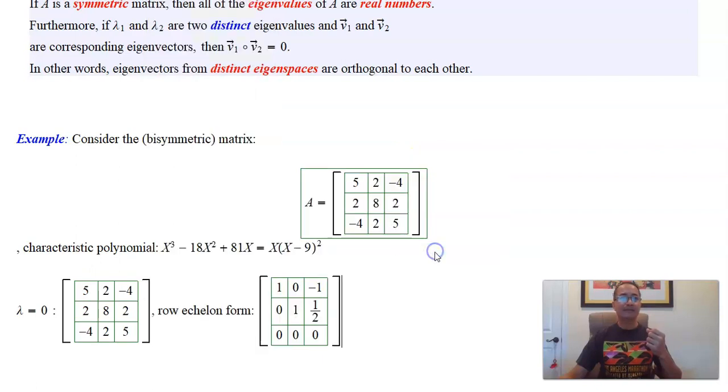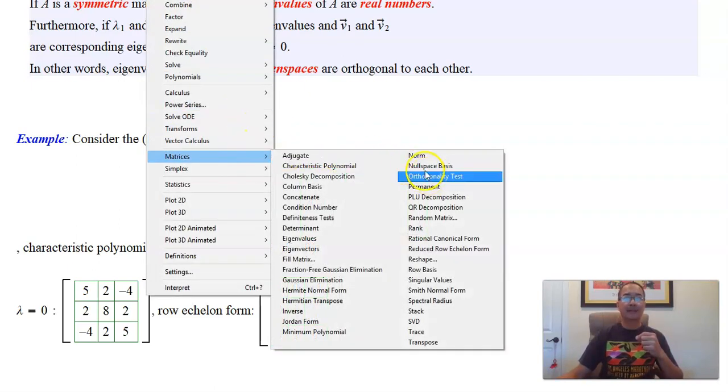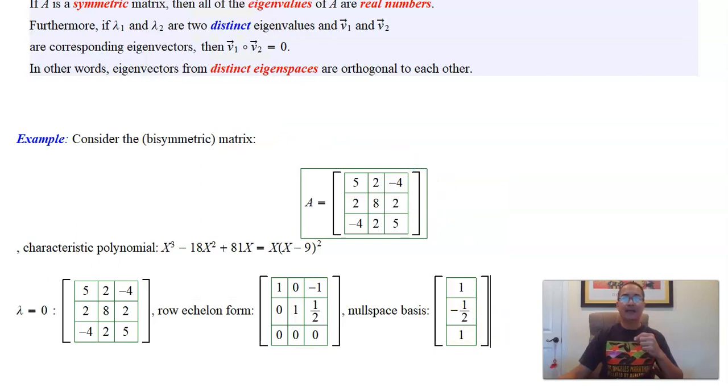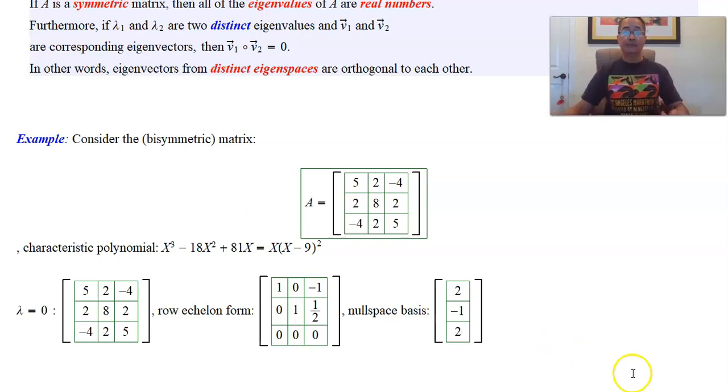You know what? REF. Okay, there you go. There's our null space. Since you saw it, might as well use it. Null space basis. Yeah, okay. So it is a one-dimensional space. All right, we have one free variable. So yeah, if you want to clear the fractions, you'd want 2, minus 1, and 2.